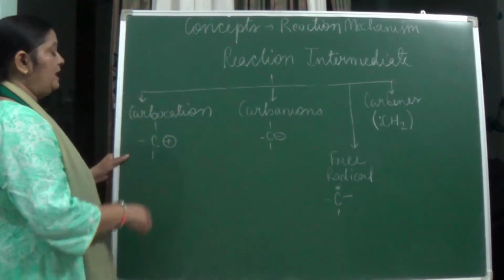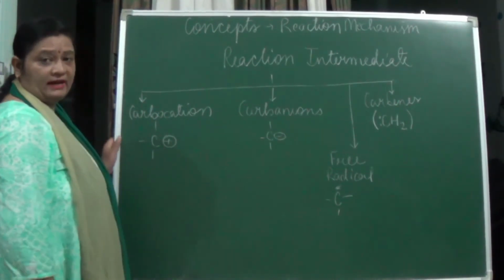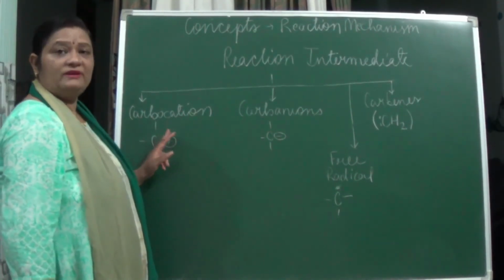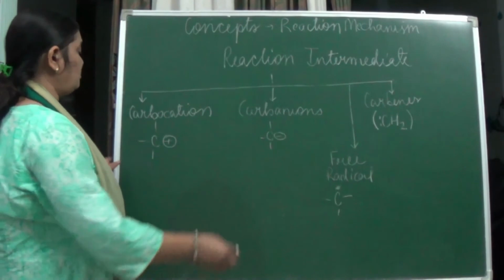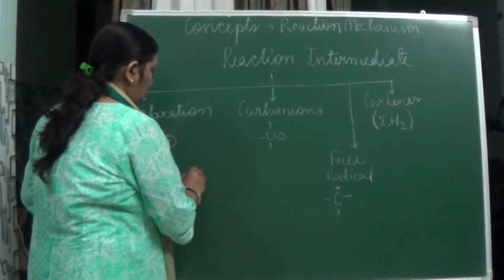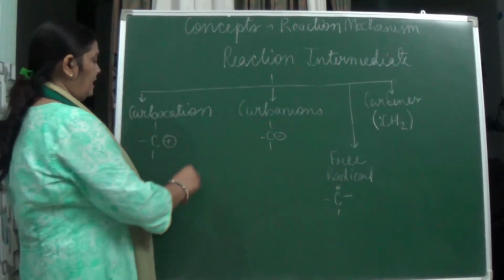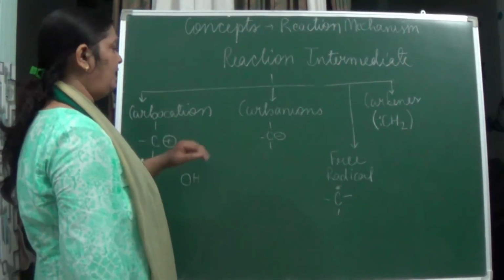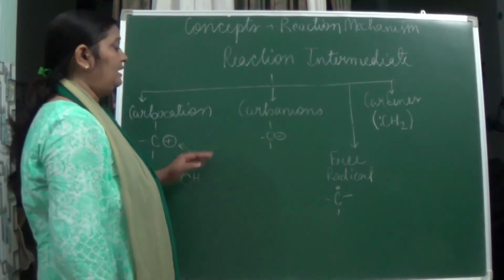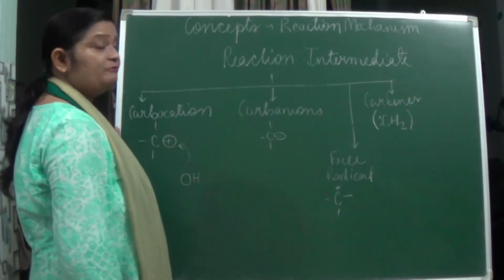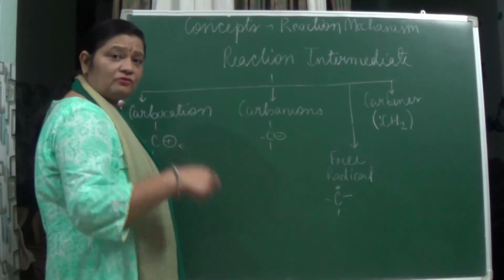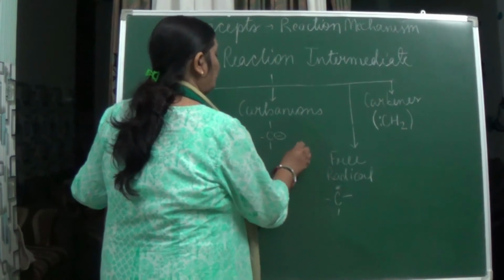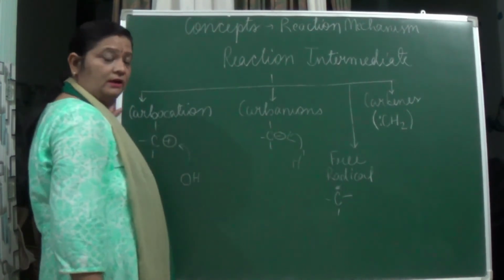If a carbocation is formed, some nucleophile will try to attach towards it. Suppose any nucleophile you can take, like OH, it will get attached to this carbon. Likewise, if I take carbanions, negatively charged carbon atoms, here any electrophile can attach to it, like H plus ions, it can come and attach over here, isn't it?